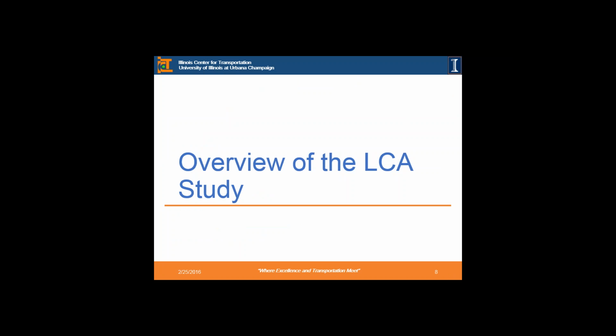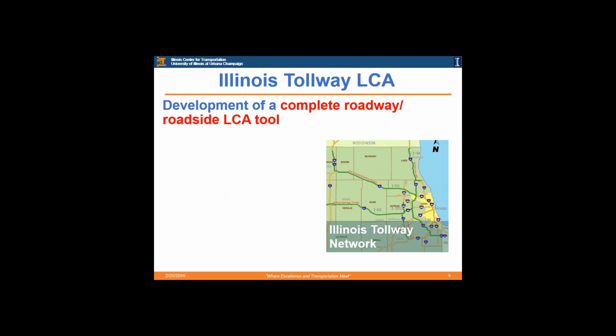So now we'll move on to an overview of the overall larger LCA study from which this work is taken. So this overall project is something that we've been working on for, I think, more than 3 years by now. It's with the Illinois Tollway Authority up in Chicago, and you can see their network here.